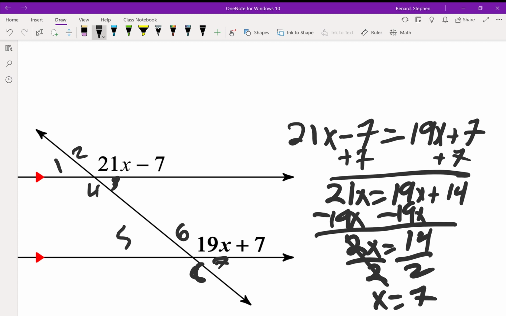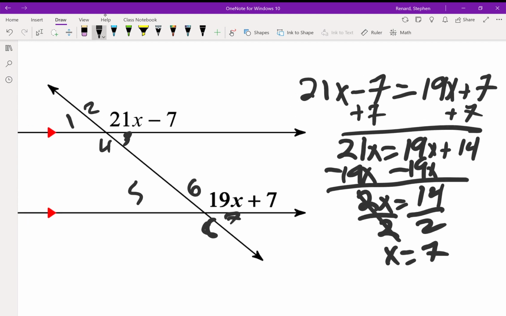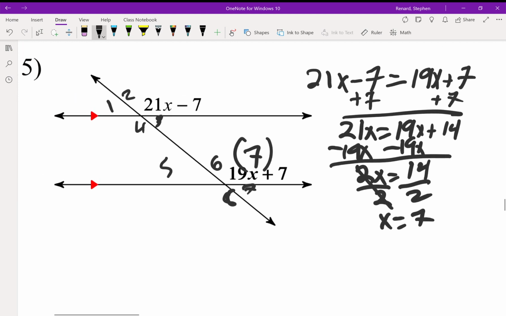Now again, on a lot of problems this would be the end. But because here it specifically says find the measure of the angle, we're going to come over here and plug it in. Now again, it's really easy for me to tell that the bottom angle is the one that's bolded. Might be a little bit more difficult for you guys.